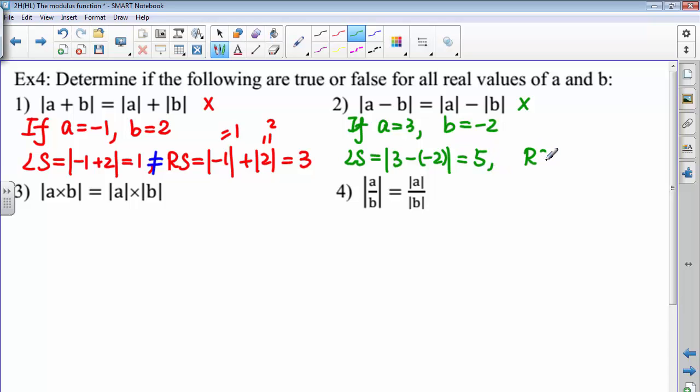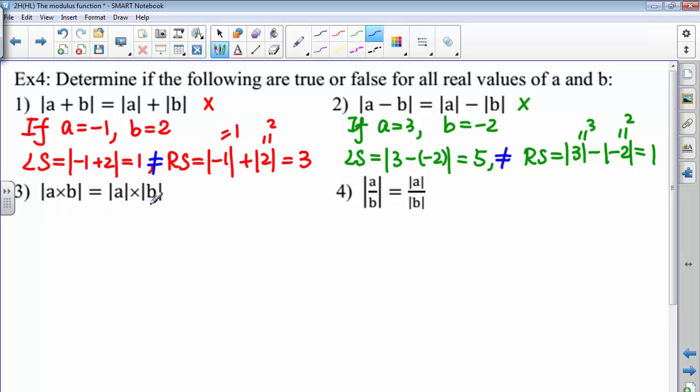And the right side is the absolute value of 3 minus the absolute value of -2. This one is 3, and this one is 2. 3 minus 2 is 1. So we can see that the left side is not equal to the right side. This one is not true for all real values.